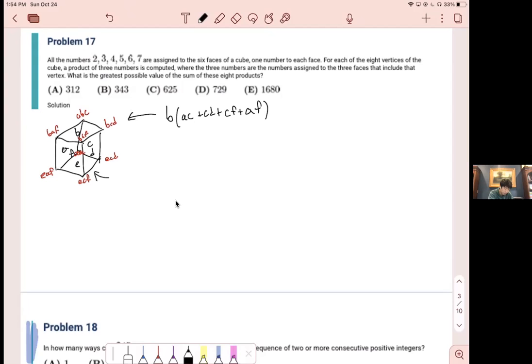And the values at the bottom are E times (AC plus CD plus CF plus AF). What a coincidence.